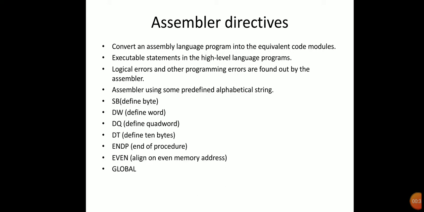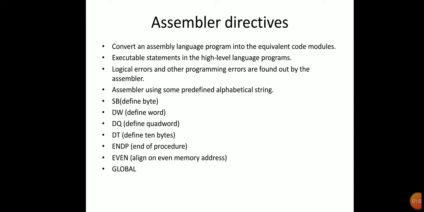Here, the assembler directives. Assembler directives are used in writing the assembly language program for the 8086 processor, giving prefetched instructions or pre-coded information to the programmer.